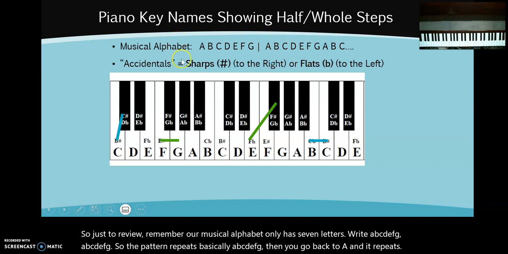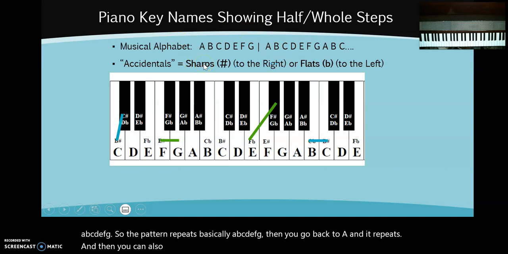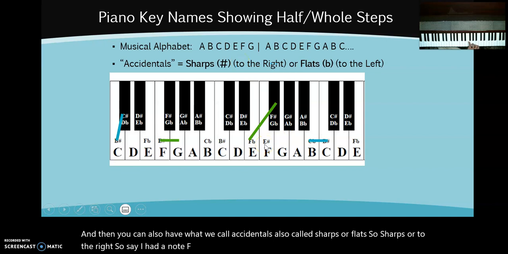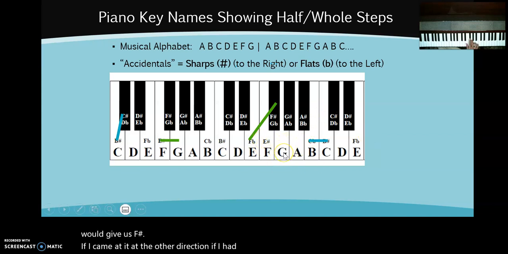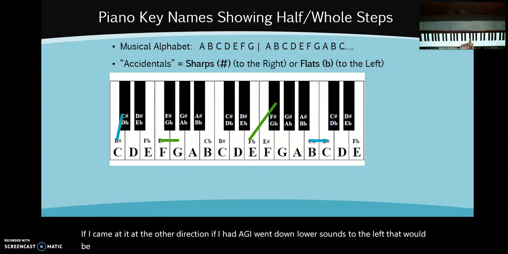And then you can also have what we call accidentals, also called sharps or flats. So sharps are to the right. Say I had a note F here. If I went to the key to the right, the very next key, that would give us F sharp. If I came at it from the other direction, if I had a G and went down lower, sounds to the left, that would be called G flat.